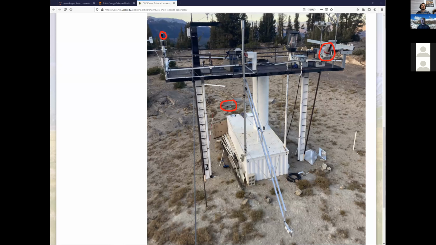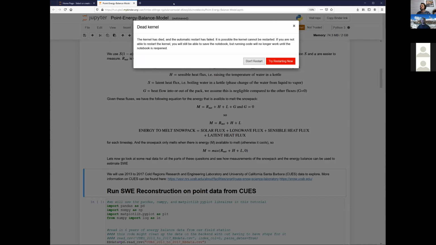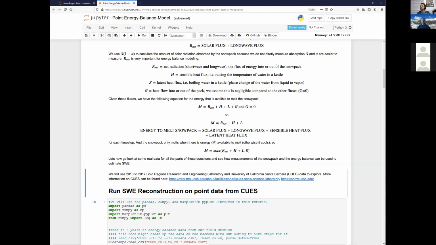Now that we've done that, we're going to go ahead and do the lab exercise. I'm going to clear my annotations. Timbo, just a heads up that you might need to explain restarting the kernel for some folks. Oh yeah, mine died while we were waiting. If your kernel has died on your Python session, just click try restarting now, and it should fire right back up.